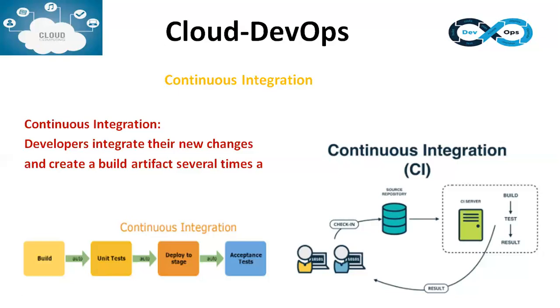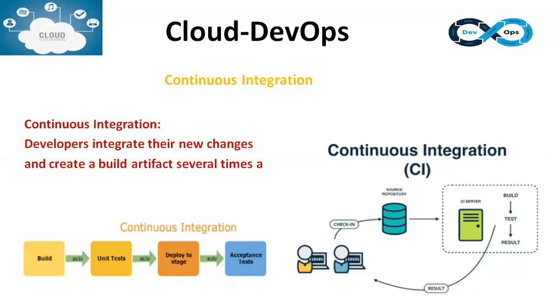We don't need to run Maven build commands, we don't need to run any JMeter testing commands, we don't need to run any scanning commands. Everything we can configure in the continuous integration tool, and whenever the developer commits the changes, the latest modification he has done will automatically be built and tested, and the feedback will go back to the developer in the form of email or an HTML report.